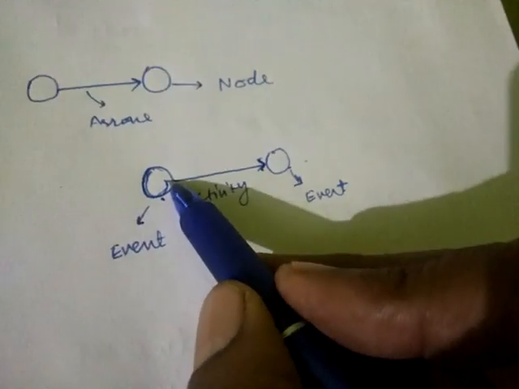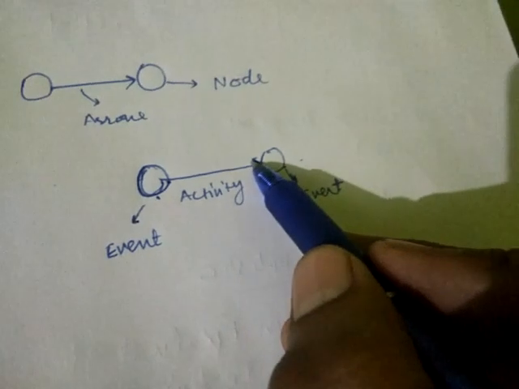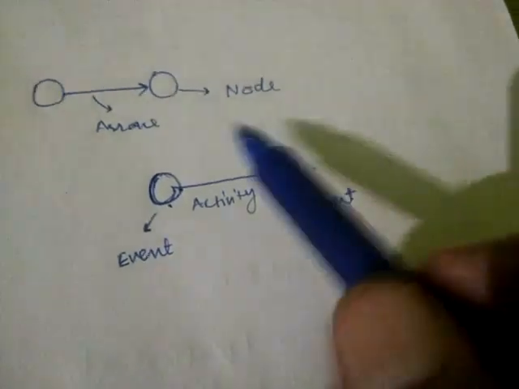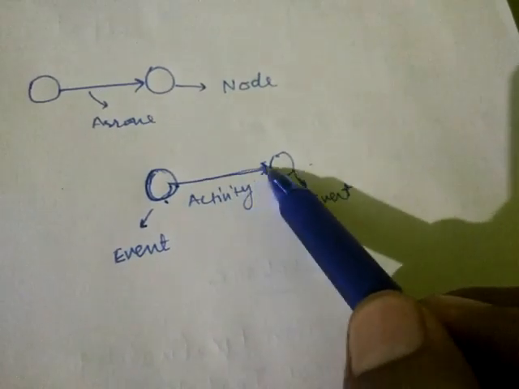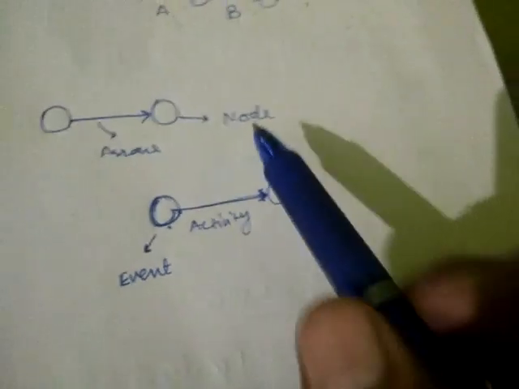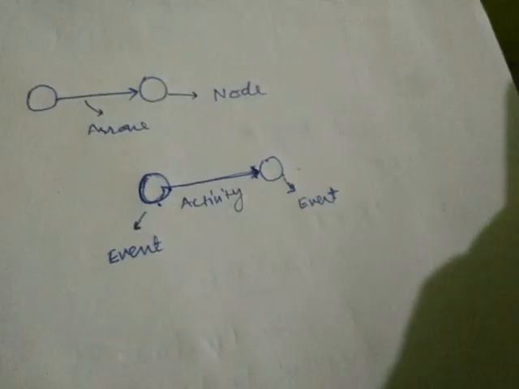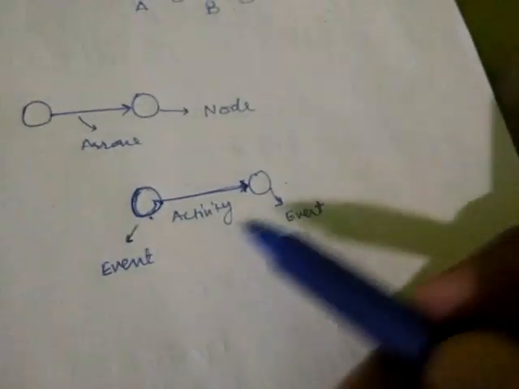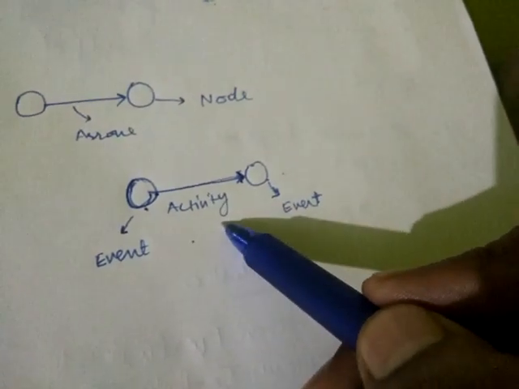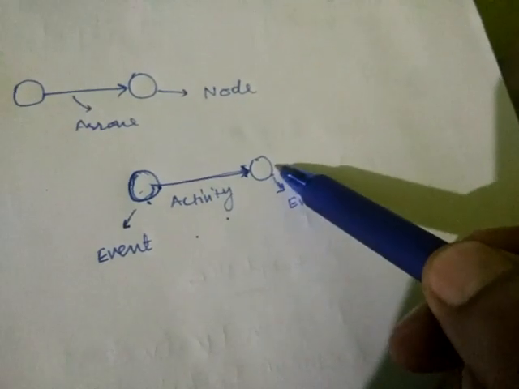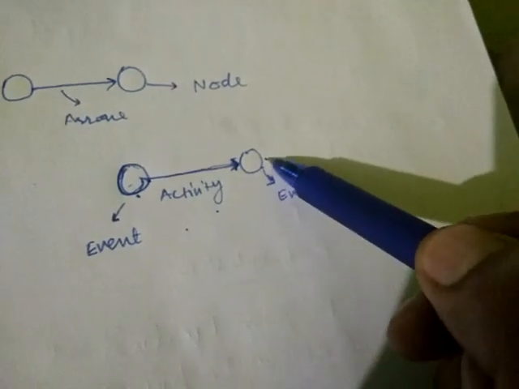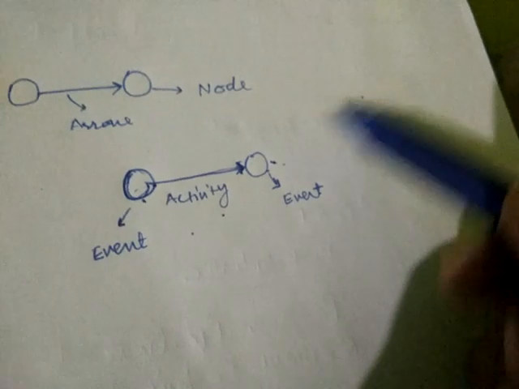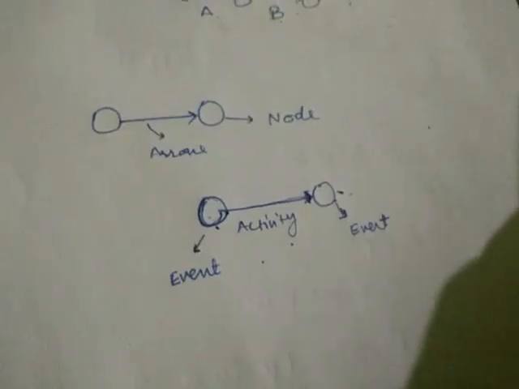So in this diagram, you can see this is the small linkage, and these things are repeated to make a network diagram. Every activity is represented in this way, and the finish of this activity may be the start of some other activity, and in this way this network diagram is made.